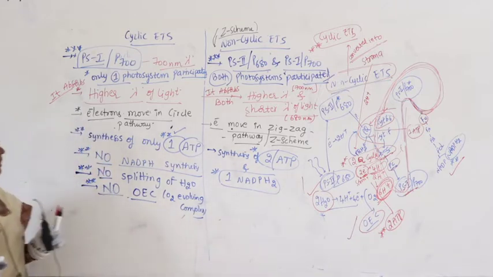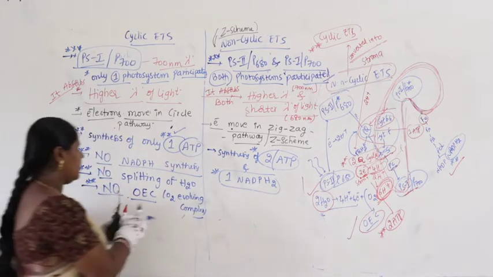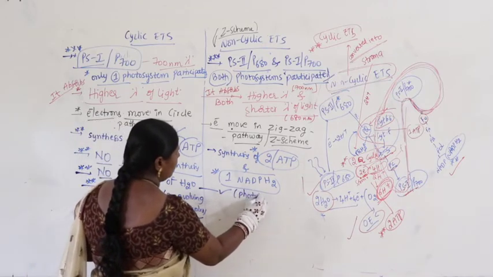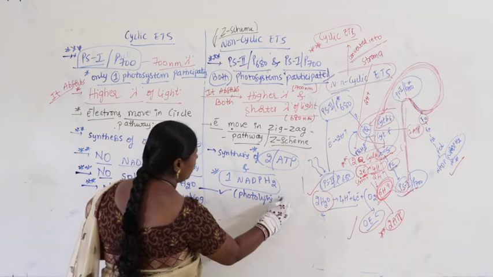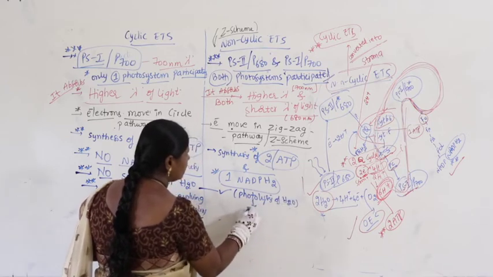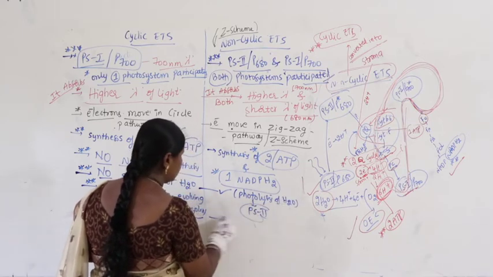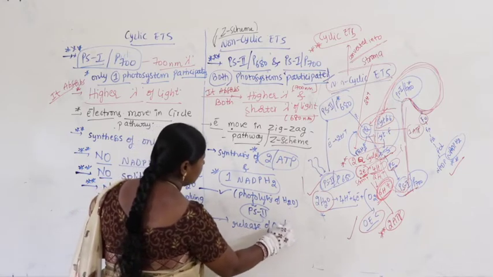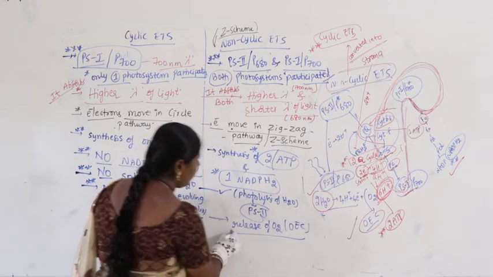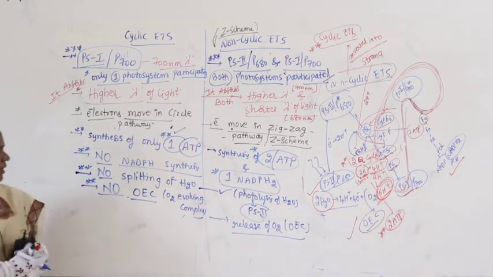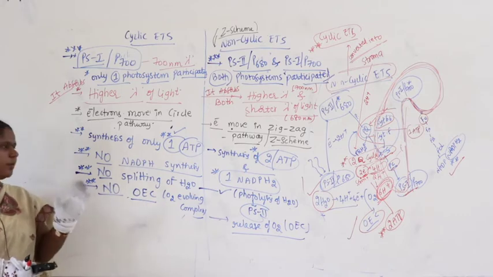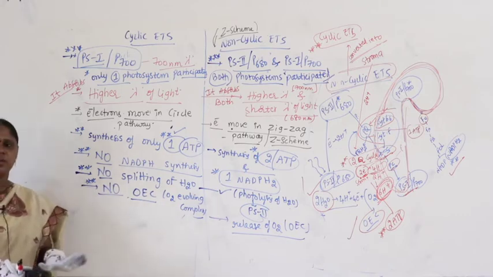No oxygen is released. But you know it very well, in non-cyclic there is photolysis of water. Photolysis of water occurs with PS2, and there is a release of oxygen, meaning there is an oxygen evolving complex, right? Here no NADPH. Clearly you have to remember this in your mind, this part is very important.